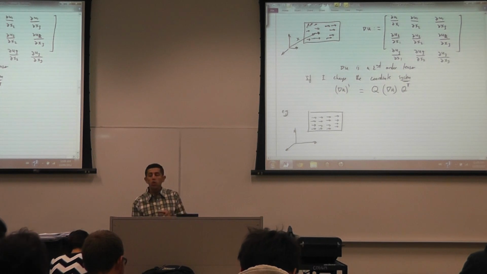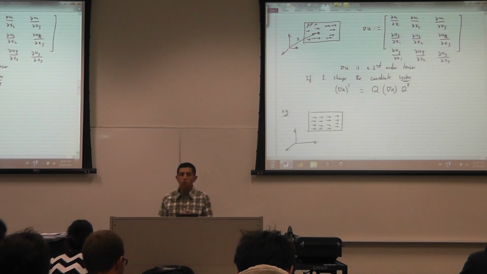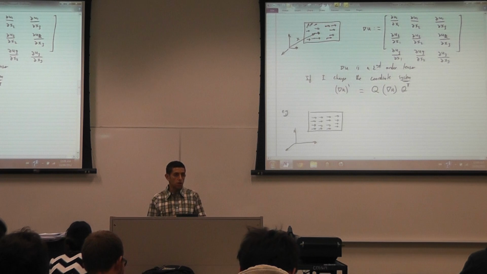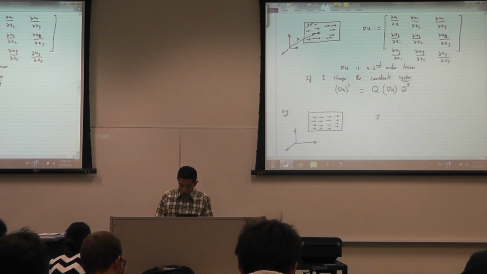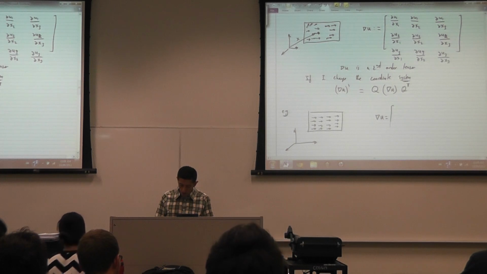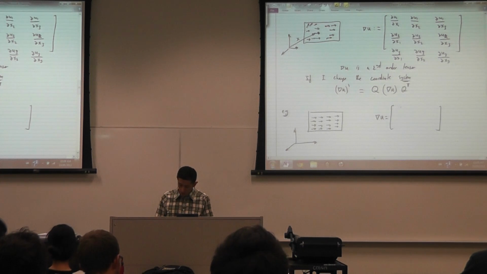The object is moving horizontally, and every point is moving the same distance. If every point is moving the same distance, what do you expect the gradient of u to be? Zero. Since u is constant, the gradient of u is 0.